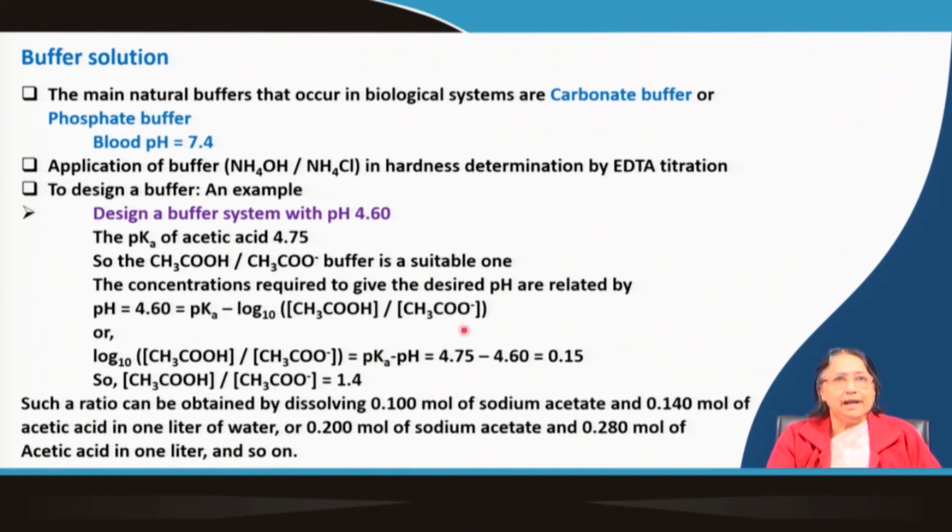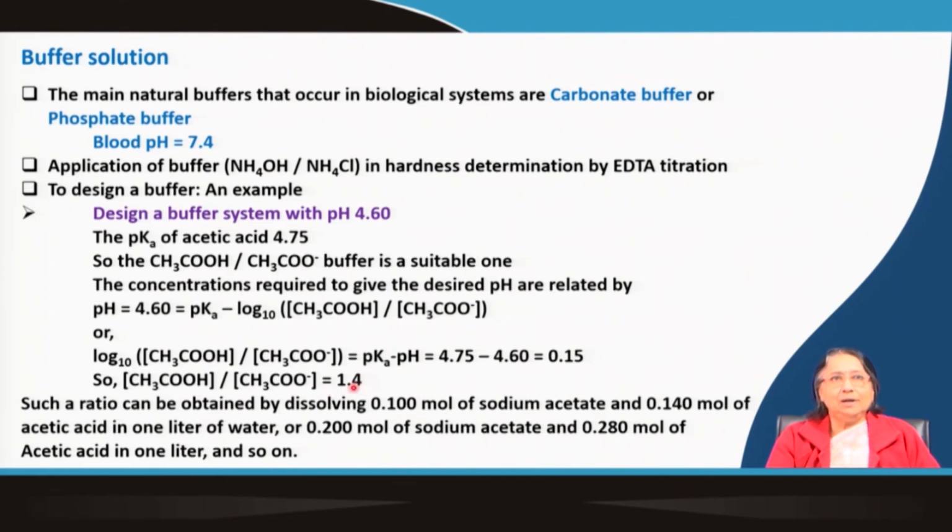If you remember the Henderson equation, this is the term that we have to decide. pKa minus pH is 4.75 minus 4.60, because we want a pH of 4.60, which is equal to 0.15. So this ratio should be 1.4.